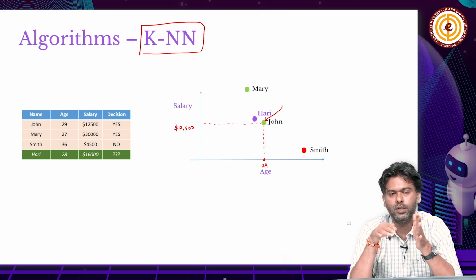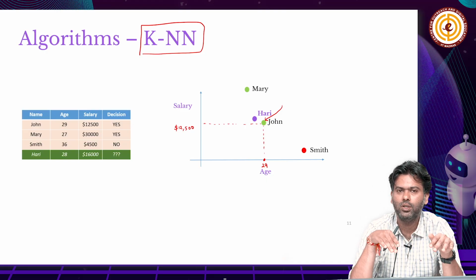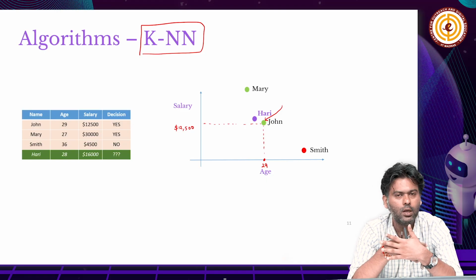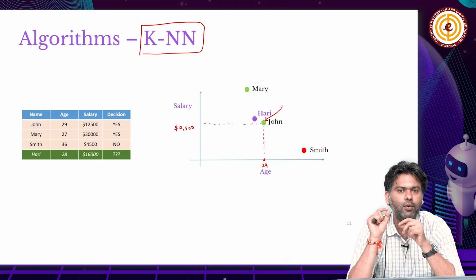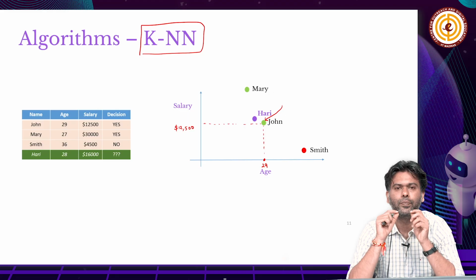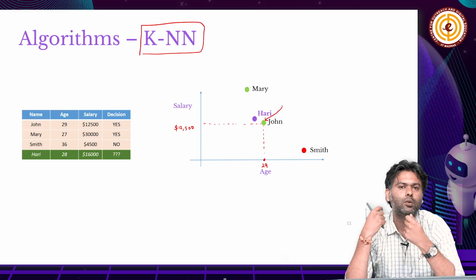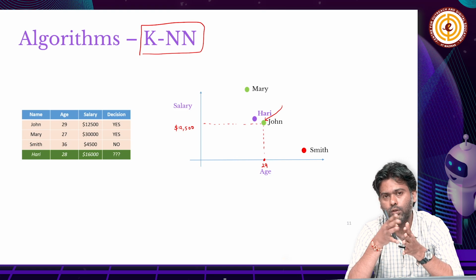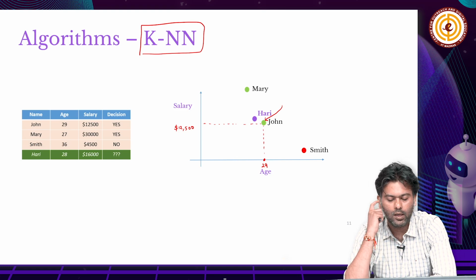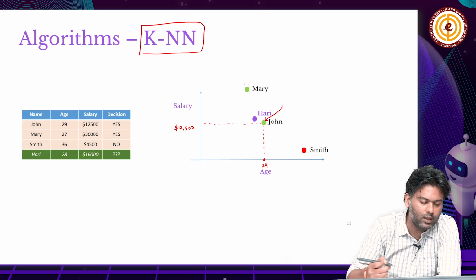The one dimension is the age dimension, the other dimension is the salary dimension. There are infinite points in this two-dimensional space, and every point corresponds to some value of age and salary. So every person in our database becomes one point in this two-dimensional space. In this case, John becomes this point.